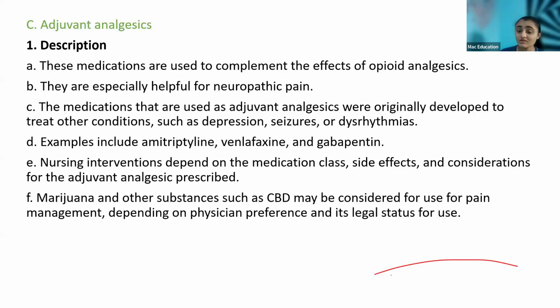These can also be used for pain management. These substances will reduce the pain of the patient depending on the physician preference and its legal status for use. If in that state it is legal for doctors to use marijuana for pain management of the patient, then they can use it. If it is illegal, then it cannot be used for pain management. Understood?